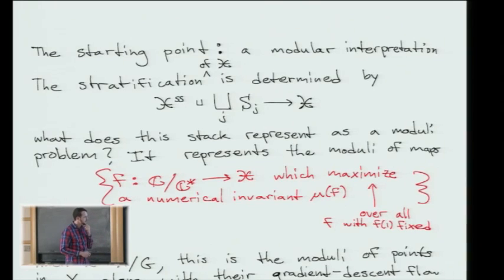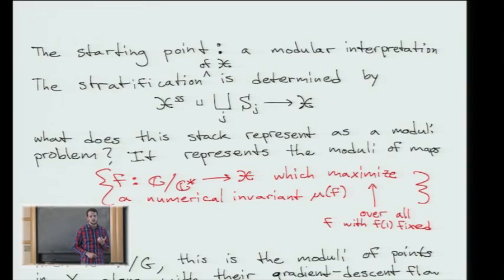But the modular interpretation that I'm going to give is the following. You can think about what is the modular interpretation of a point on the gradient descent flow of a Morse function.